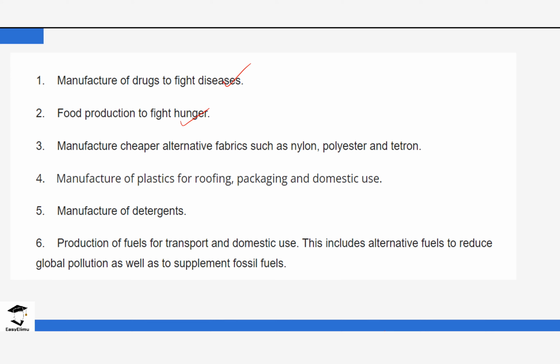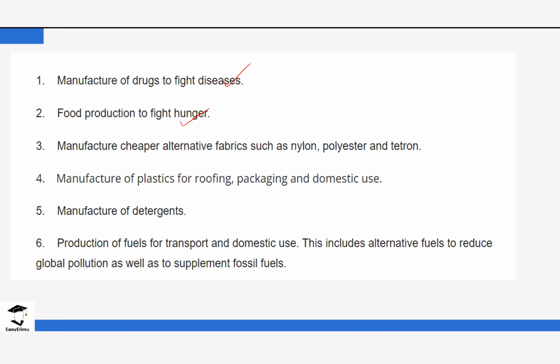We know that there are some chemicals that have been produced that help in the planting of some plants, and also other plants have been produced through chemical engineering. This helps especially with the growth of plants, and also the growth of food, which can curb that hunger.